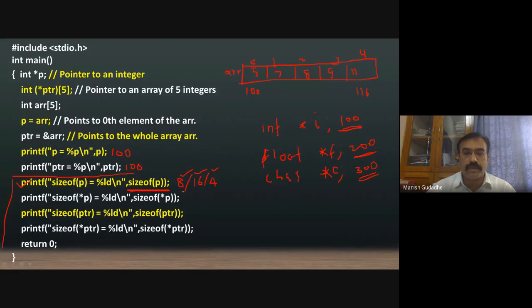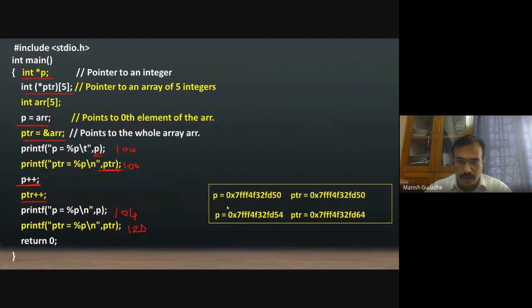So 16 is matching to LD, but this is just an access specifier. I'm bothered about this. There is a possibility that the address which will be generated may be of a bigger size. I'll go to the previous slide. Here, see the output over here.